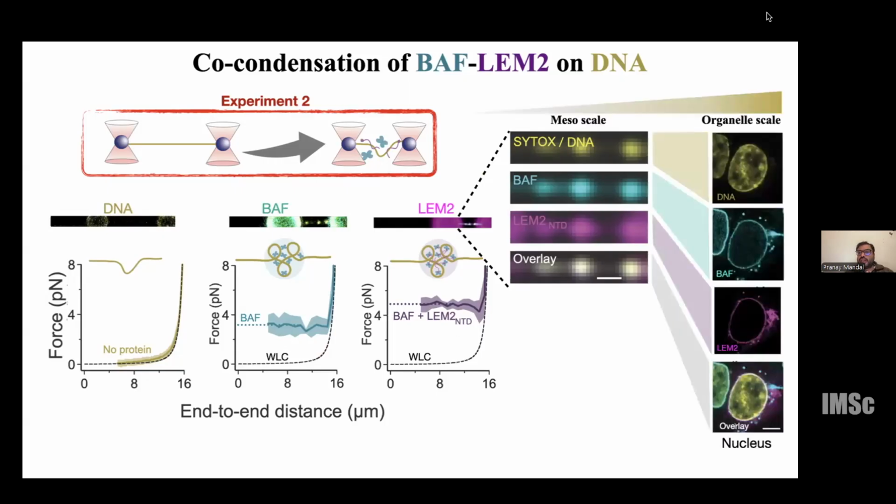Then we imaged the cell nucleus, and what we can see is an enrichment of the DNA on the nuclear periphery. So what we think is that this enrichment is actually the DNA co-condensation that is happening on the nuclear periphery because of these different proteins.